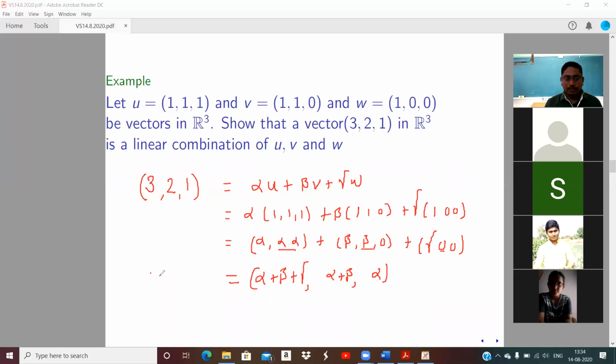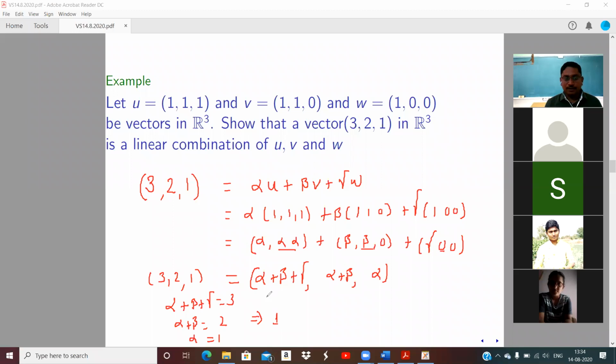So the equality definition in vector space R3 implies that alpha plus beta plus gamma is 3, alpha plus beta is 2, and the last equation, which is directly in standard form, tells us that alpha is 1. If alpha is 1, what is beta? Beta is also 1.